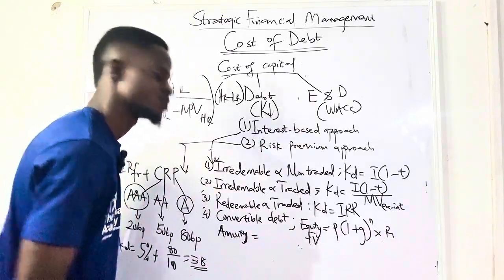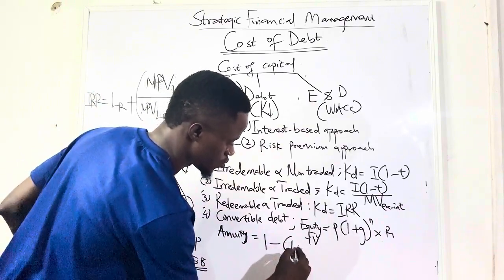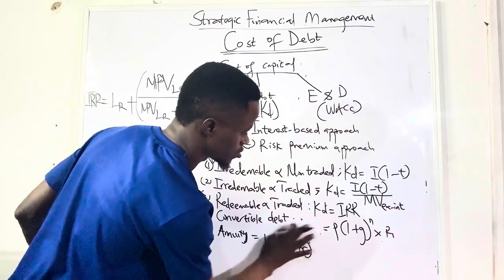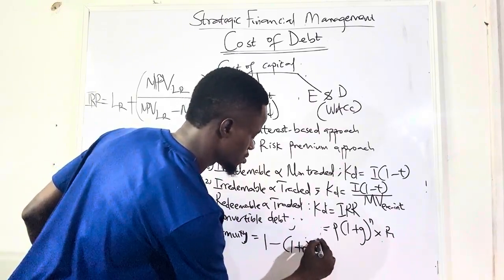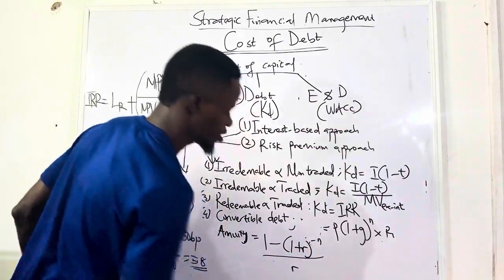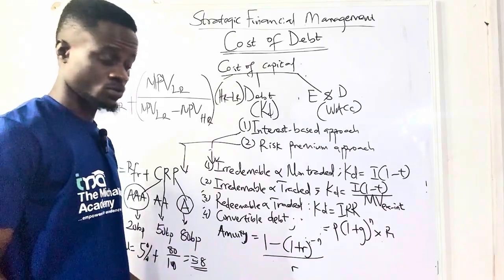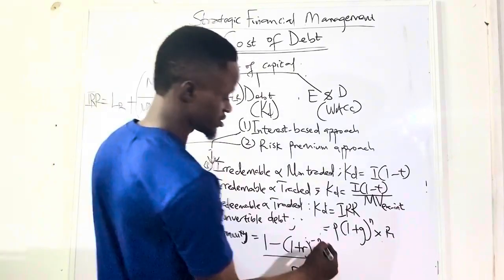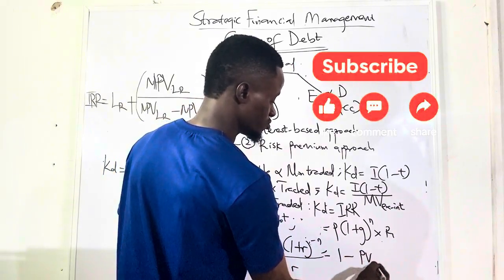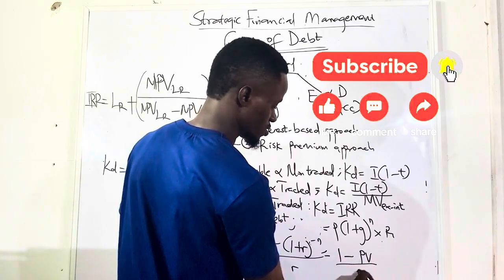It is 1 minus (1 plus r) raised to the power minus n, over r. This is the formula. If you want to remember it easily, just remember that it is 1 minus the present value, the formula for calculating the present value, over r.